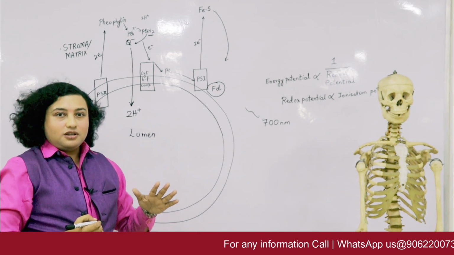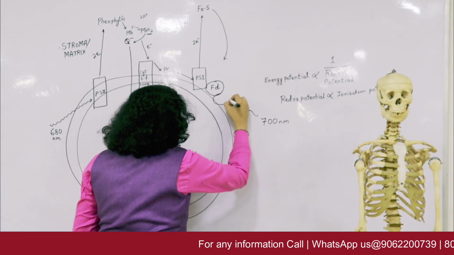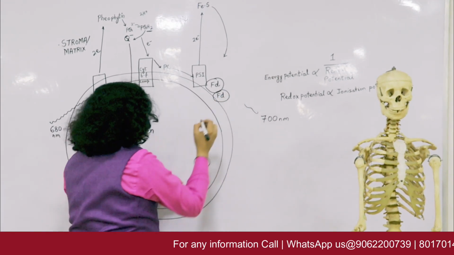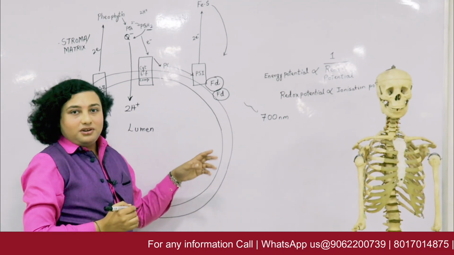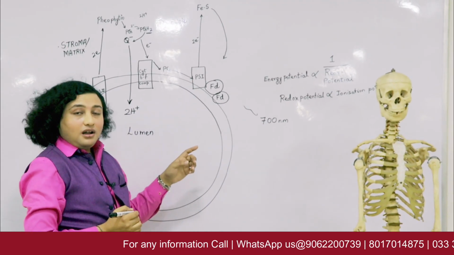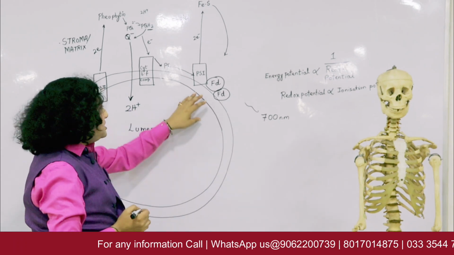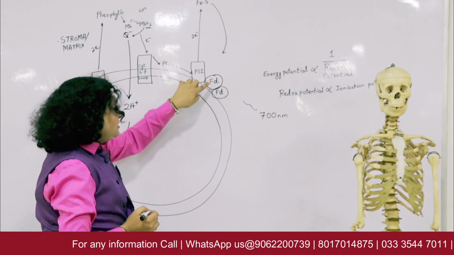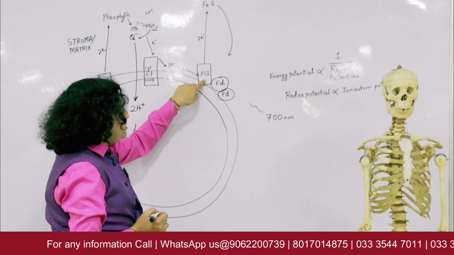There are 2 molecules of ferredoxin, loosely bound on the outer side of the thylakoid membrane, associated with PS1.